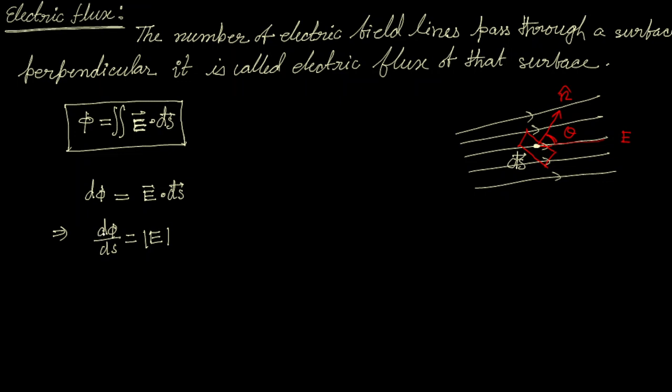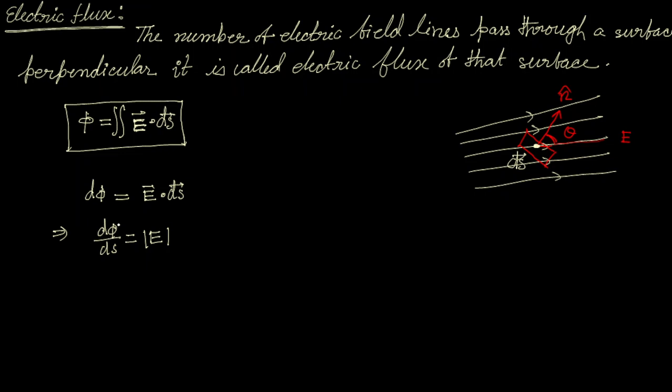Now, using these two concepts, the electric field lines are drawn in such a way that the tangent to the curve gives the direction of the electric field, and the density of these field lines, that is, the number of field lines passing through unit area, is proportional to the magnitude of the electric field.